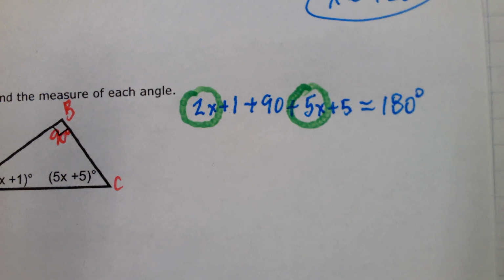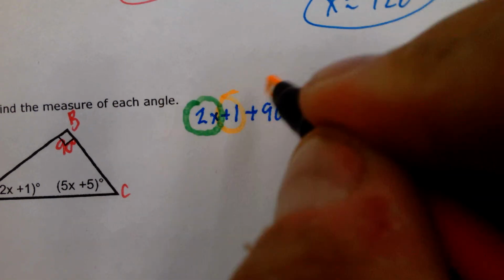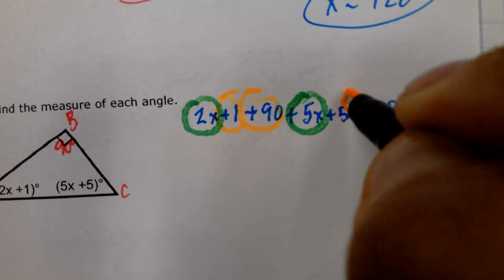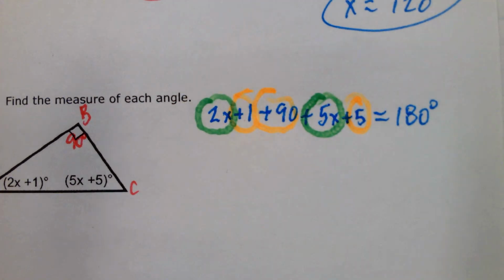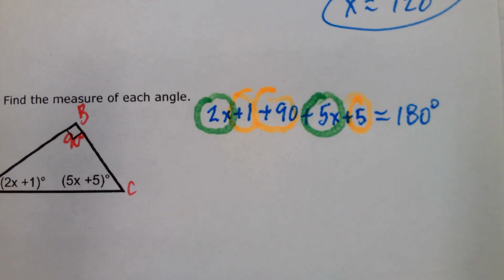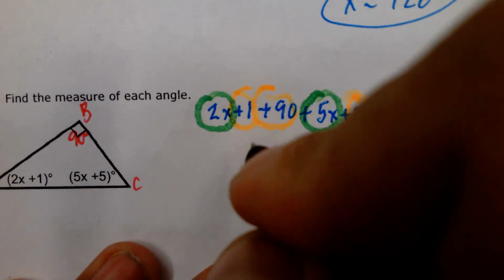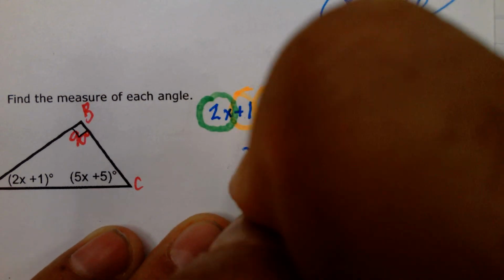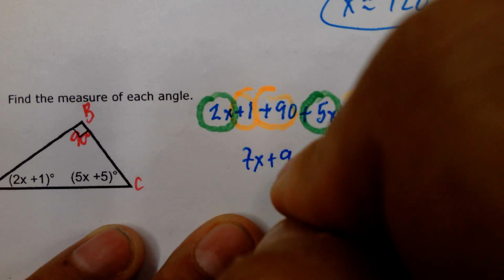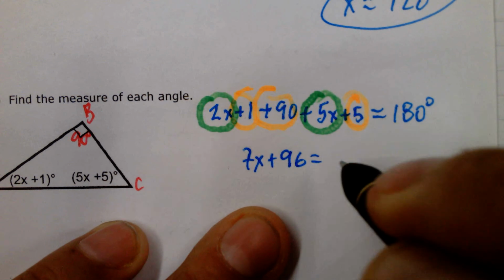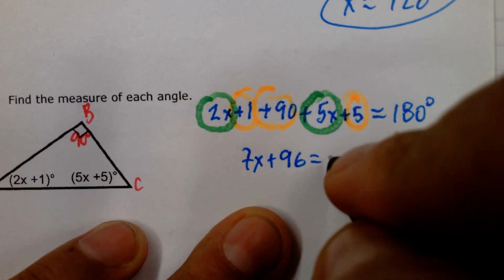Yeah, let's do that. So we got 1 plus 90 plus 5. So that's going to be 96. Okay, so let's write that down. 7x plus 96 equals 180.